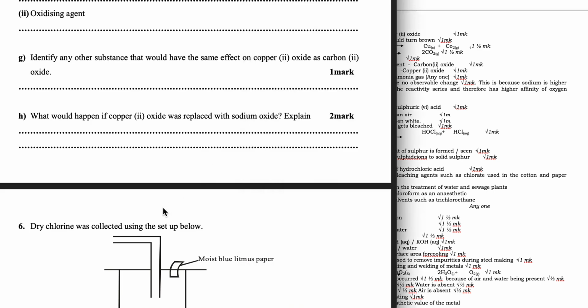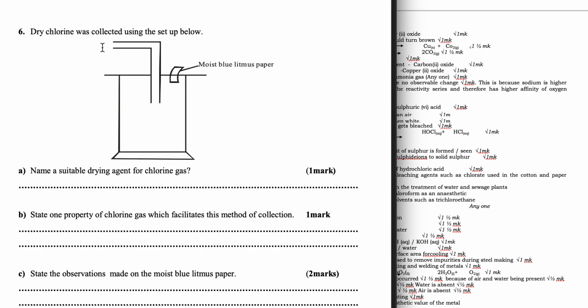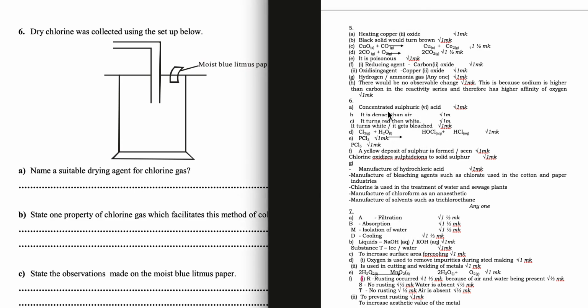Question 6. Chlorine was collected by using the setup below with blue litmus paper. Name a suitable drying agent for the chlorine gas. Concentrated sulfuric acid.